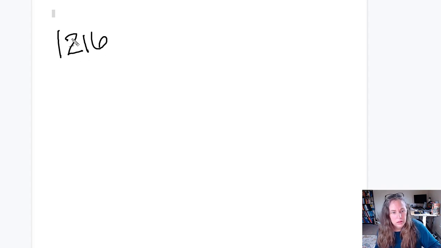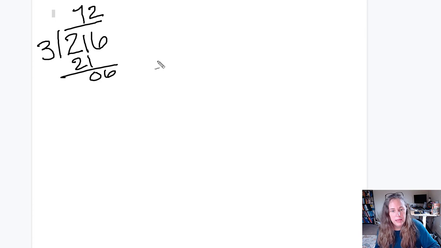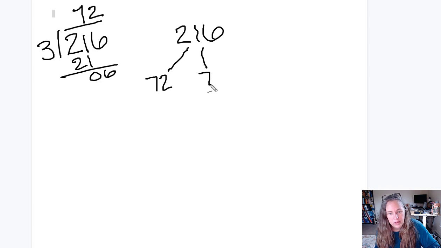When you divide something by 3, three goes into 21 7 times, that's 21, that's 0, 6, 3 goes in. Okay, what that means is 216 can be split into 3 groups of 72.